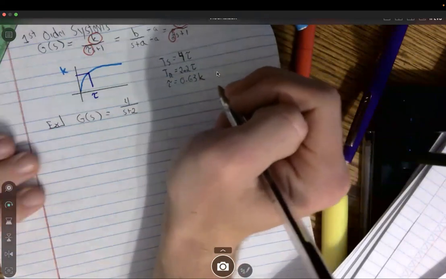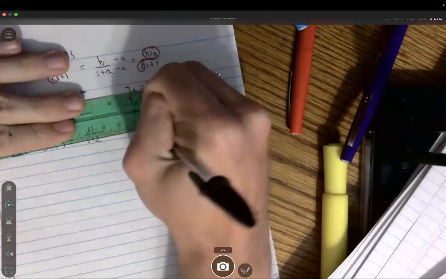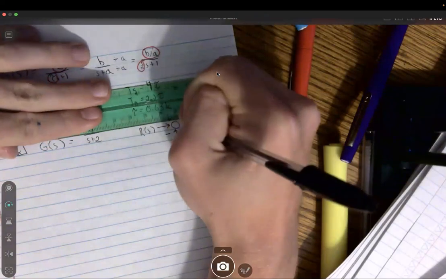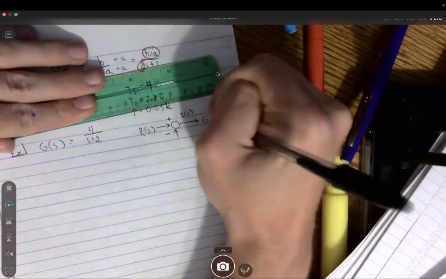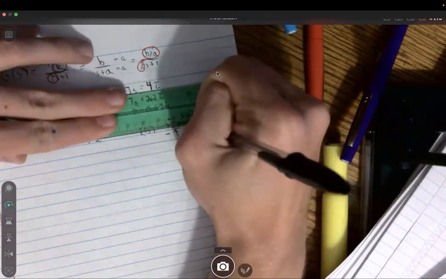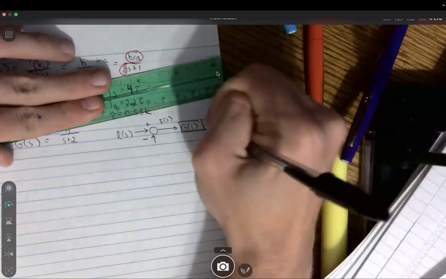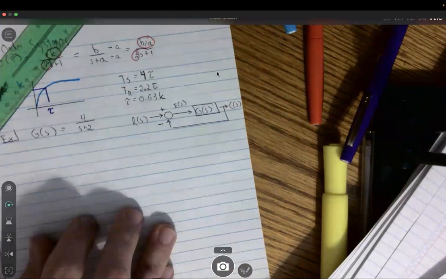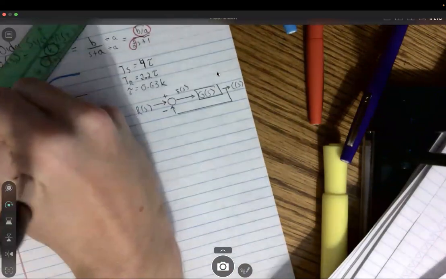If we're given a block diagram like this, R of S, then a summing block, then E of S, then G of S here, and then our output C of S. So if we need to find the unit step response, what we're going to do.